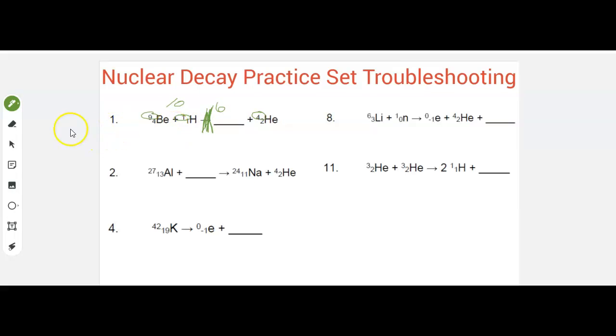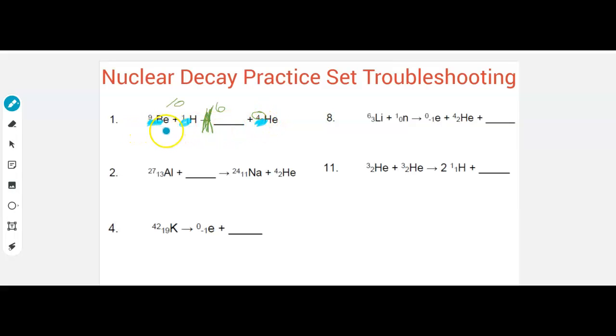I'm going to do the same thing with the numbers on the bottom. In the bottom, I've got 4 and 1. So 4 plus 1 is 5. On the right-hand side, I have 2.